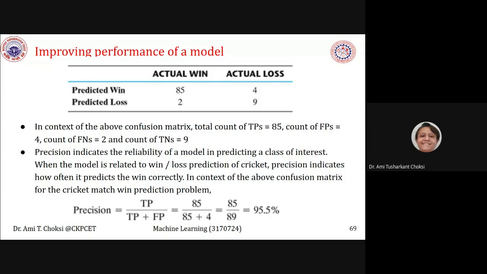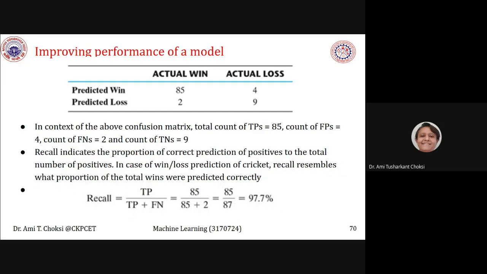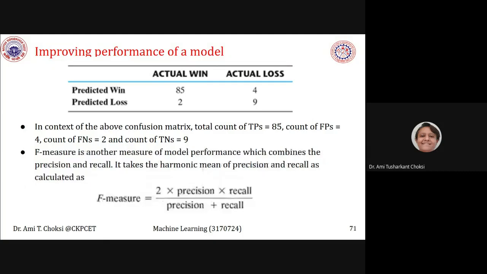In the context of our confusion matrix for the cricket match prediction problem, the precision will be equal to TP upon TP plus FP, that is equal to 85 upon 85 plus 4 and that is equal to 95.5. Recall. For that we can say it indicates the proportion of correct predictions of true positives to the total number of positives. So it is TP upon TP plus FN and that is equal to 97%.